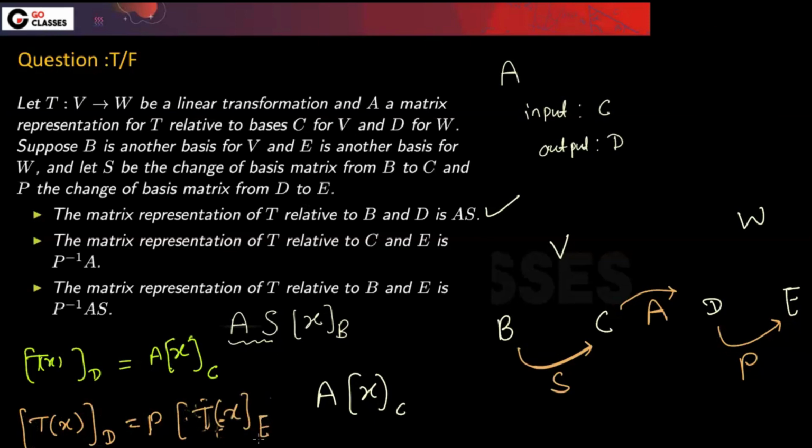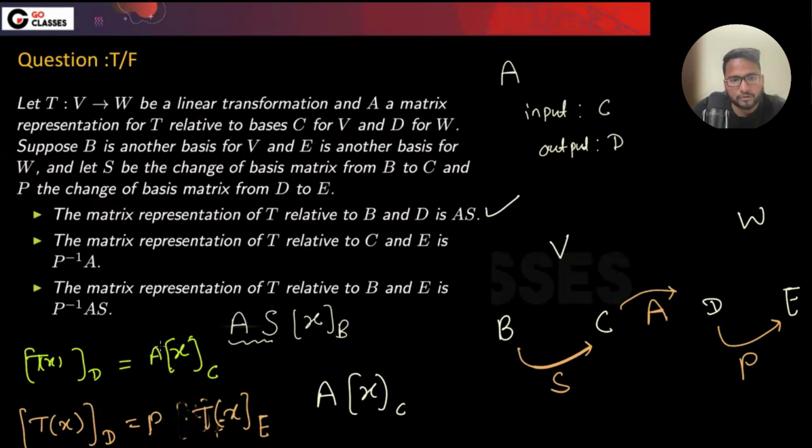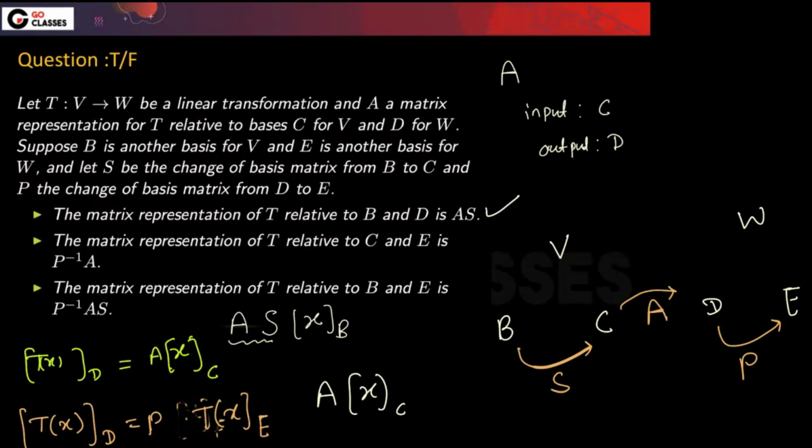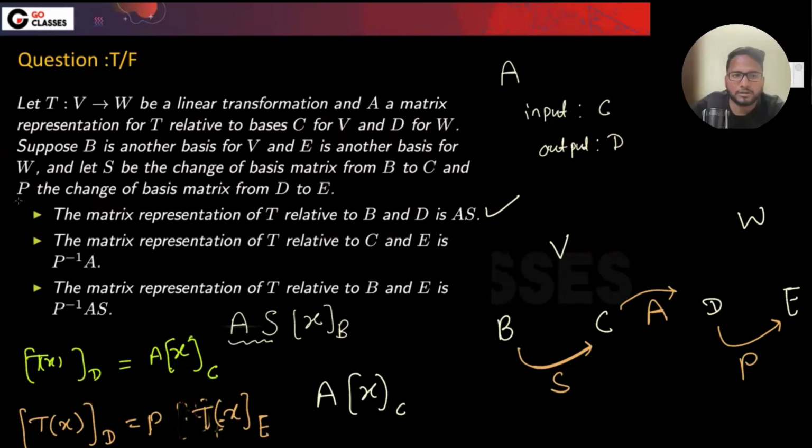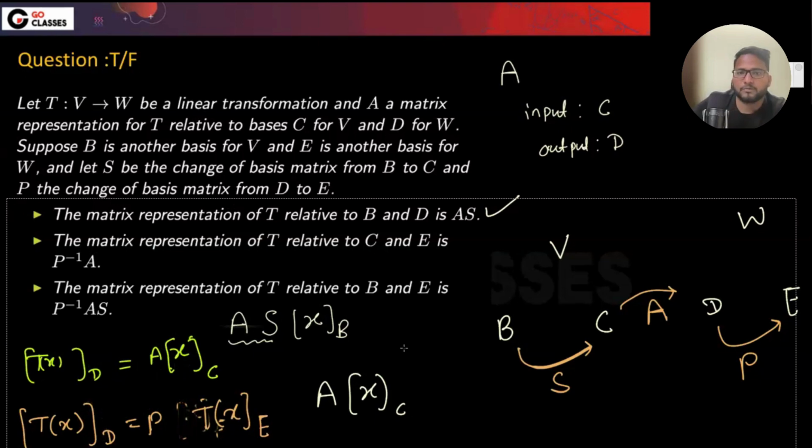So if you combine the first and the second, the left hand side can be written as A times the left hand side in the second equation, which can be written as A times the coordinate vector of x with respect to C. Okay, just give me a second. Let me go to the next page.